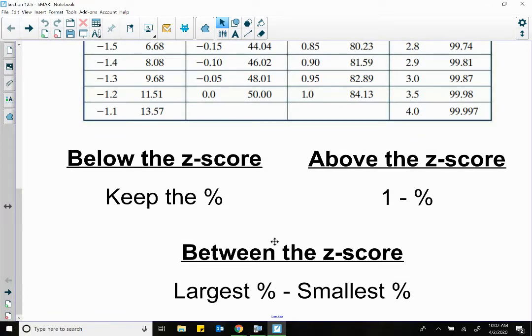If you want to do between z-scores, you'll take the largest percentile minus the smallest percentile, and that will get you between z-scores. These are the only 3 ideas that we're keeping in this one. It is simply subtraction or keeping the percentile. Nothing else, no more, no less, and just using this table.